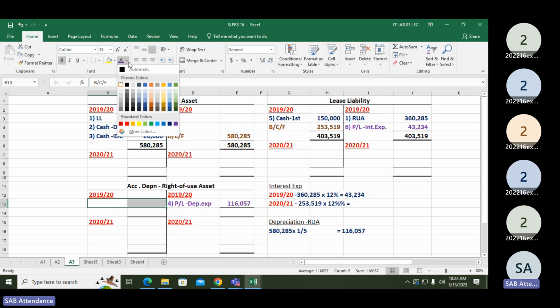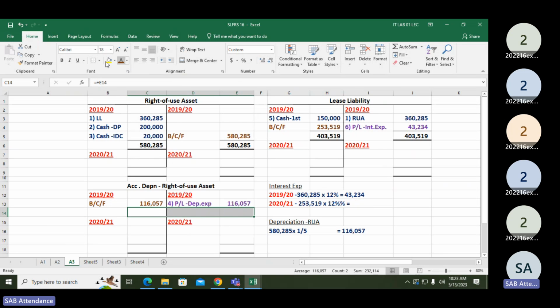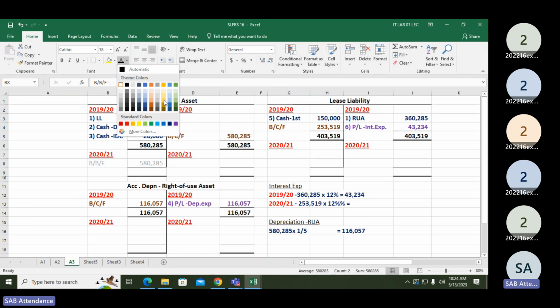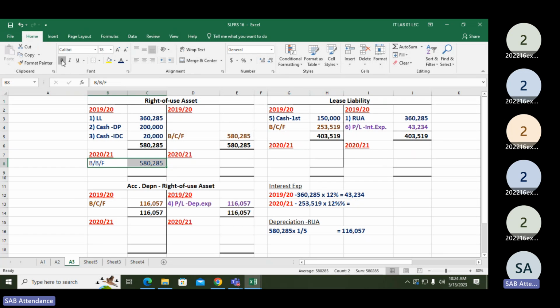So your carried forward balance should be the same. The asset, you will have the same opening balance next year. Liability, now we have 253,519 opening balance. Accumulated depreciation 116,057 opening balance.